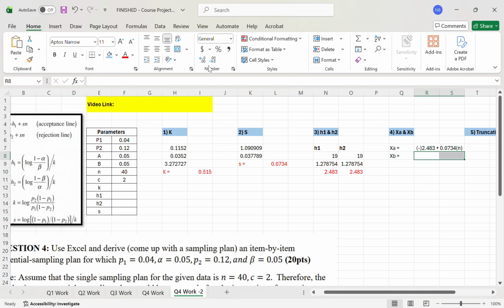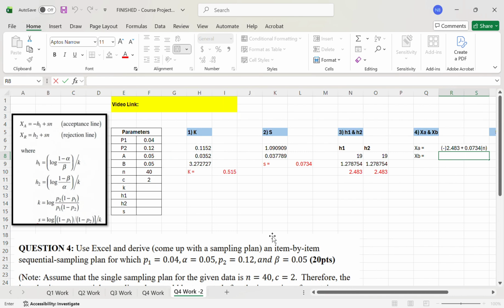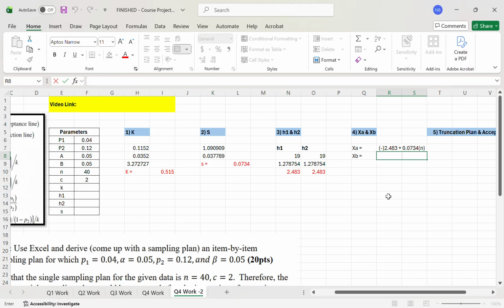Let's do the same thing for our rejection line, which is going to be positive H2 plus that same slope times our N.